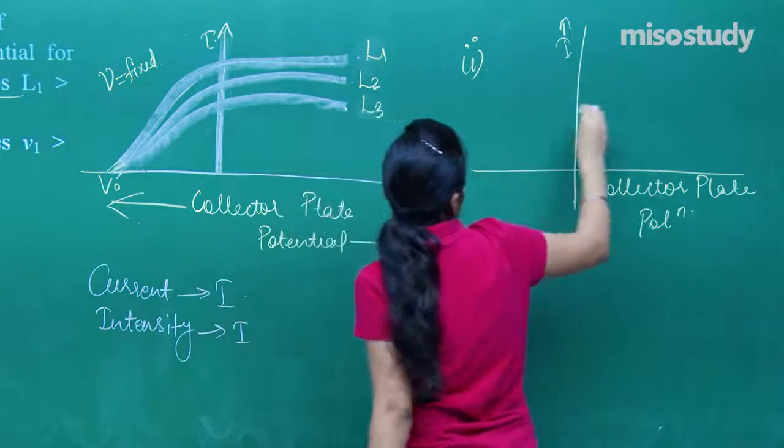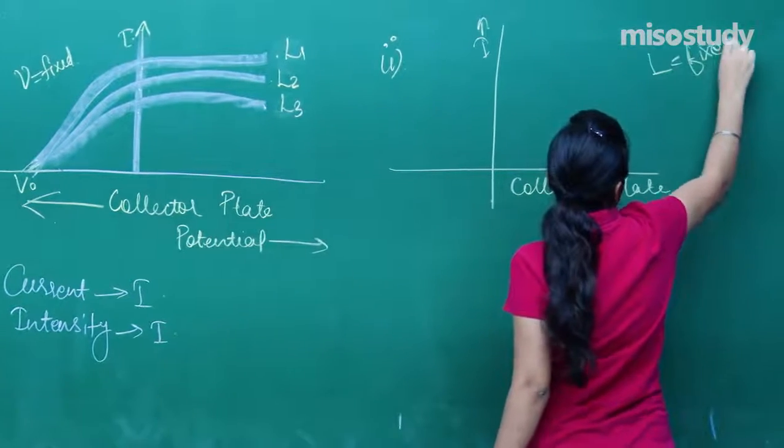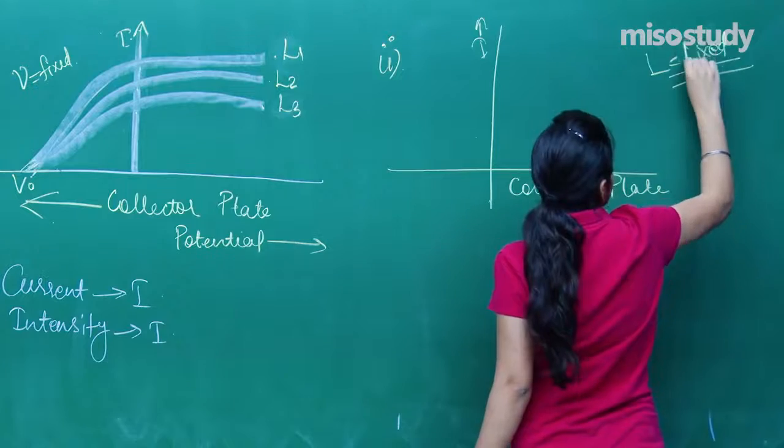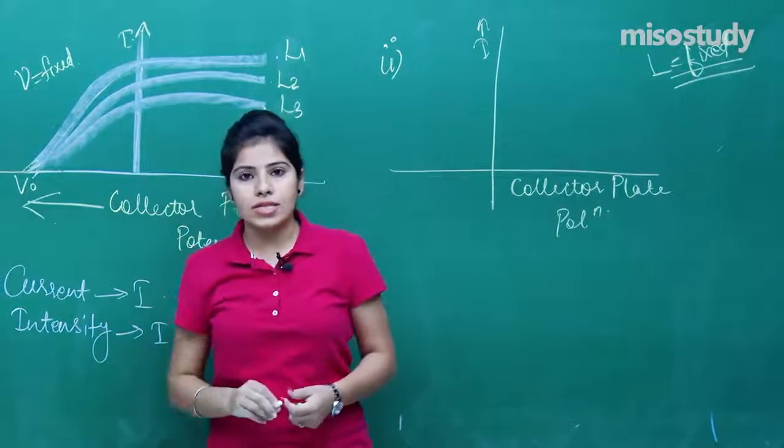In the second graph you have L constant, L is fixed. Now see, a fixed intensity but different frequencies.